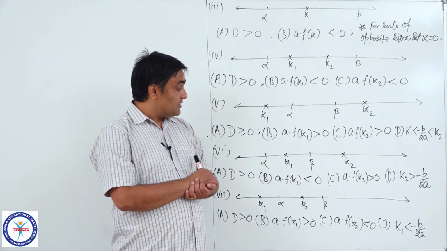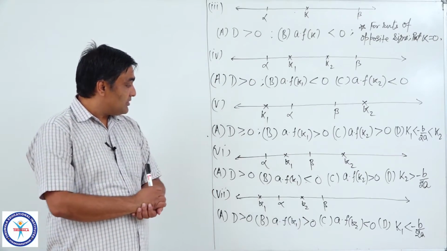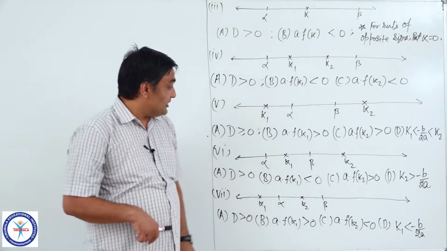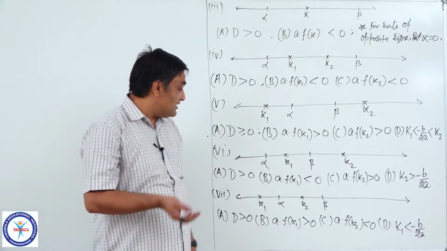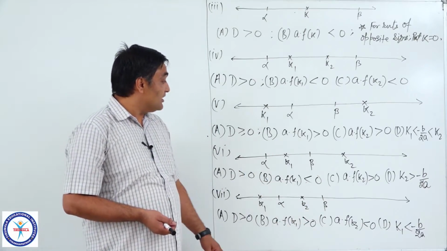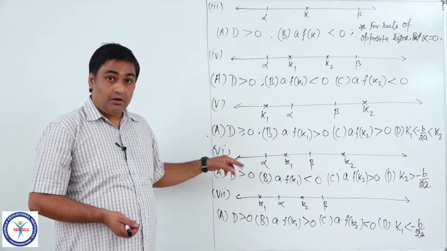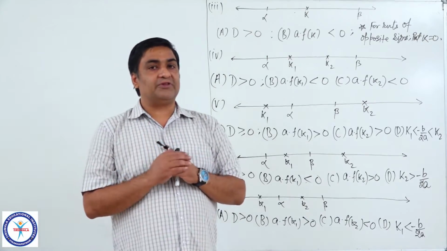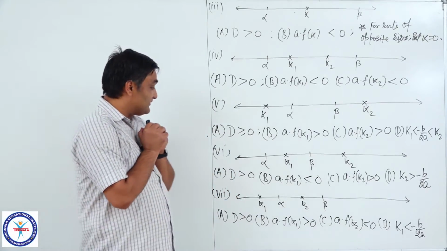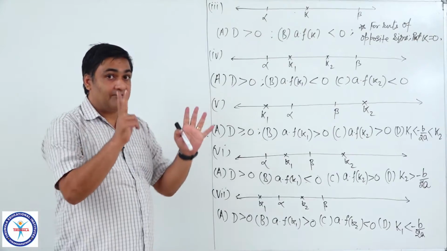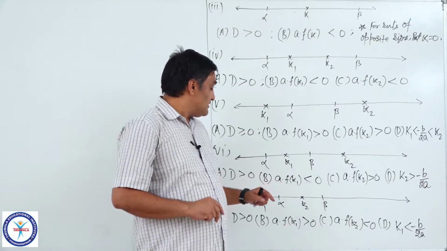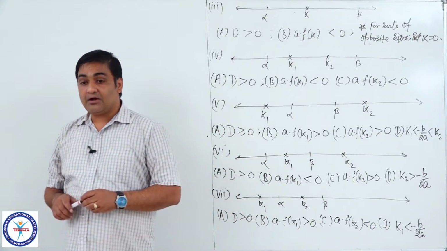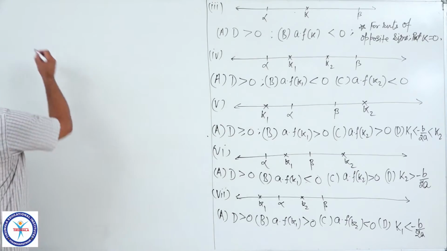Now, the other root can be greater than 10 or the other root can be less than 7. So if we combine both 6 and 7 cases, we arrive at the wording that only one root is lying in the interval k1 comma k2. Okay.